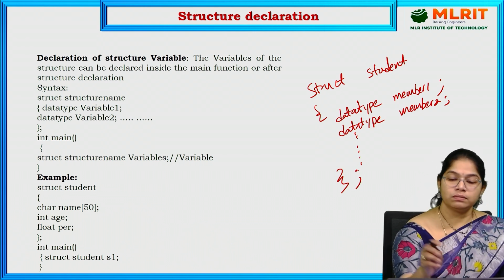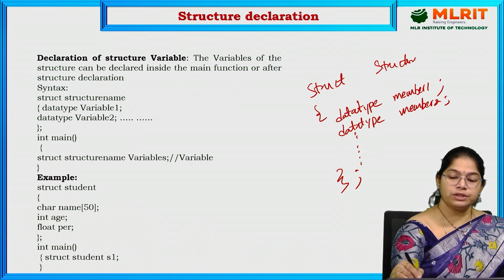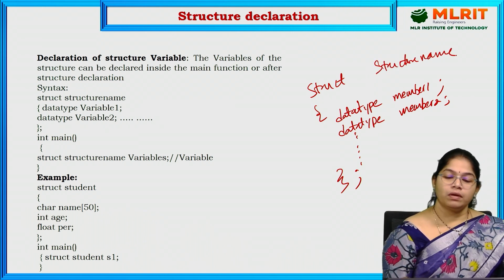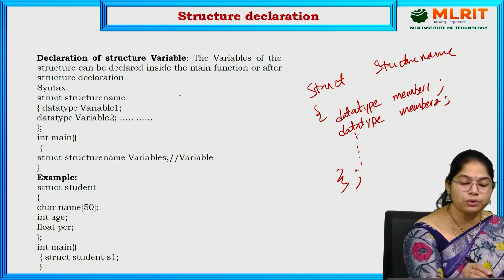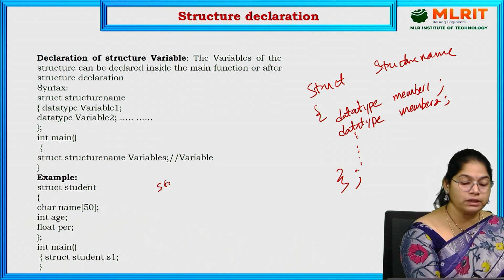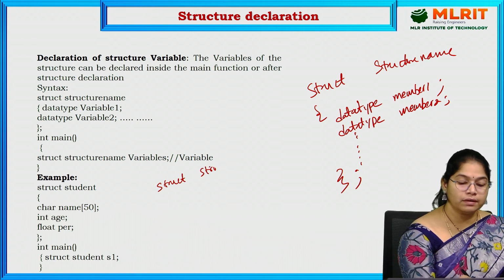So here we have a structure name. I want student details, and I want to declare that structure. To declare a structure, we need the struct keyword. Then the structure name is student.